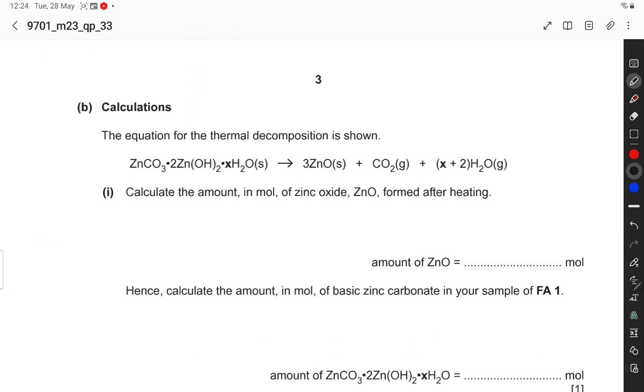Now next question, calculation. The equation for the thermal decomposition is shown. Calculate the amount in moles of zinc oxide.